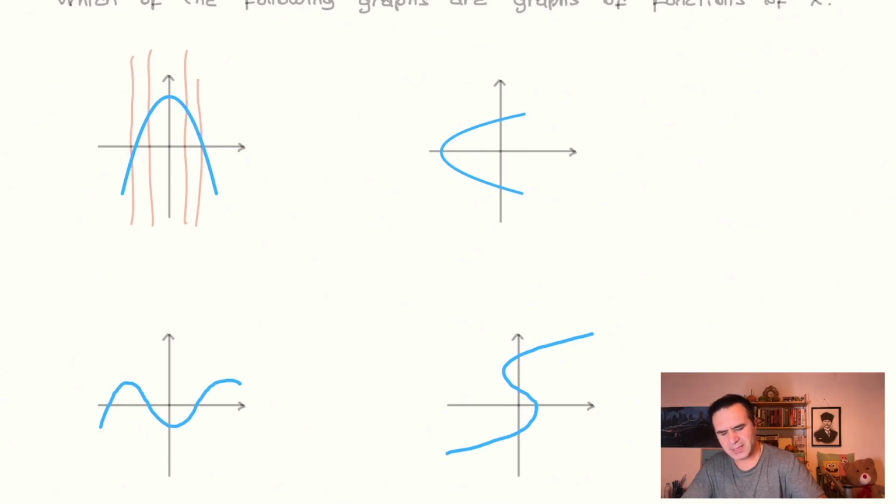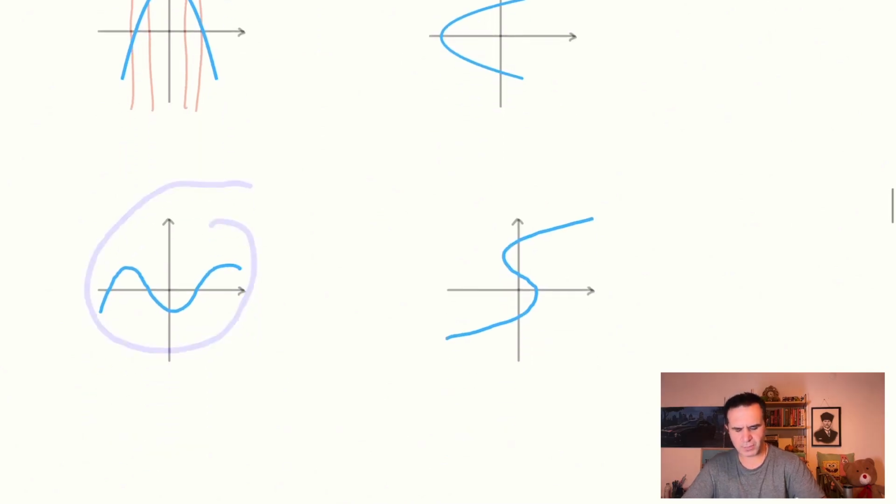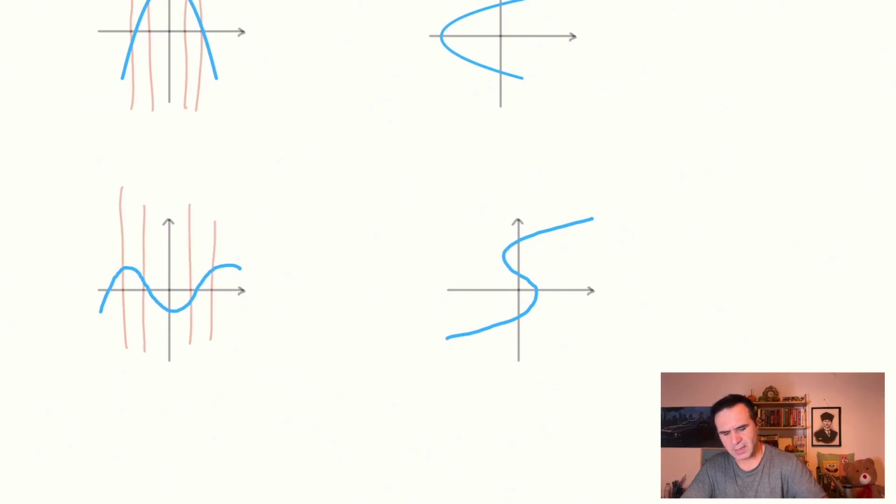So this is a function. Also, look at this one: if you draw lines like that, every line touches it just one time. So this is also a function graph.